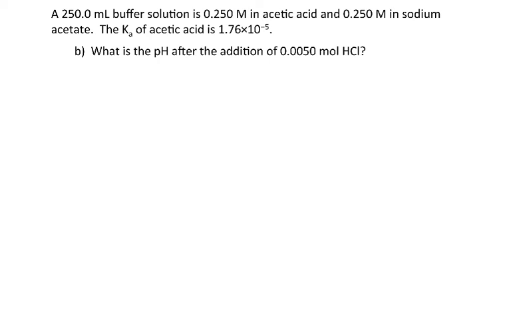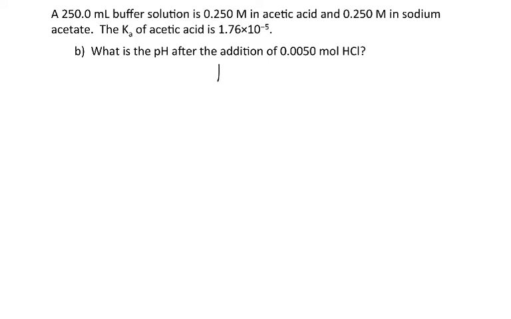All right, so I've got the same buffer, but now I want to know what happens to the pH if I add some number of moles of a strong acid. Now, HCl is a strong acid, so remember that strong acids completely dissociate when we dissolve them in water.